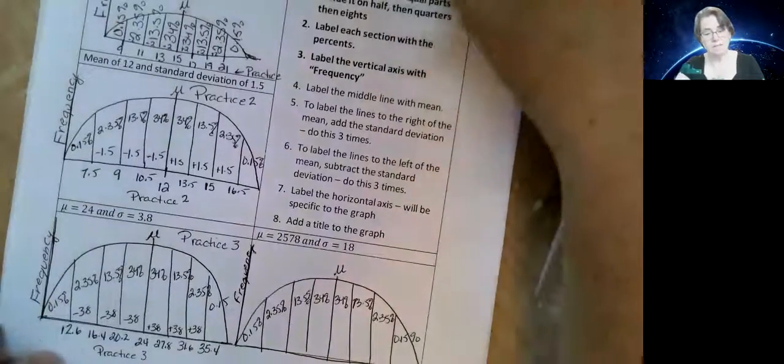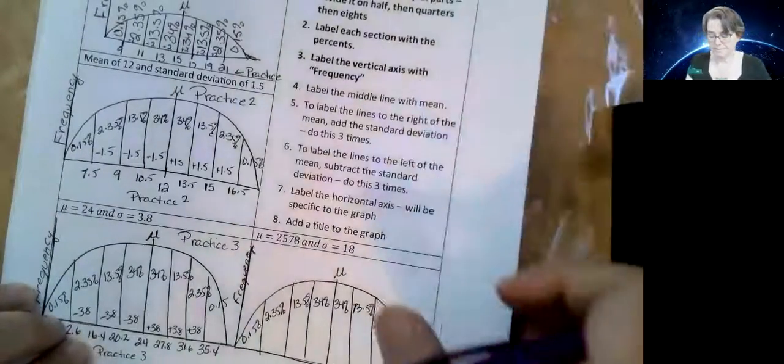Now, since my numbers are so big, 2578, I'm going to do it that way. So plus 18, plus 18, plus 18.